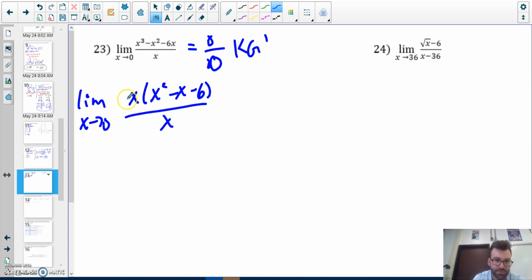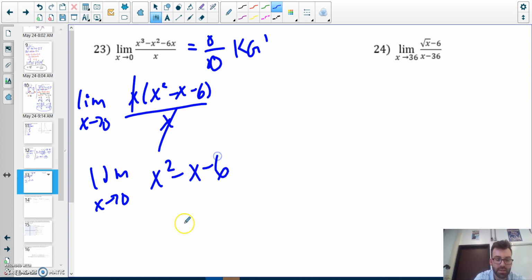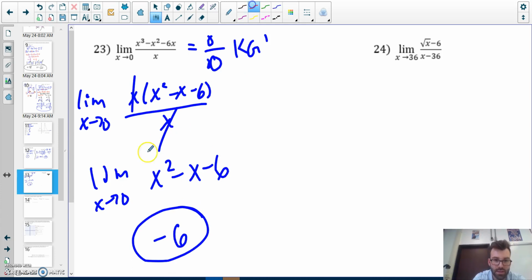The x's cancel. So plug in 0 into x squared minus x minus 6, and I get negative 6, because this becomes 0 and this becomes 0.